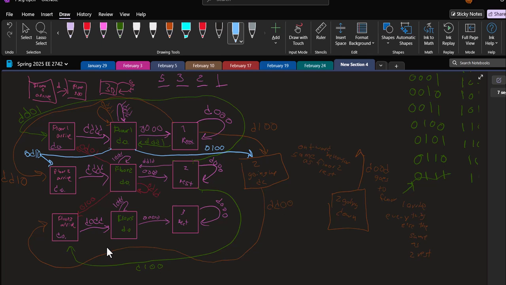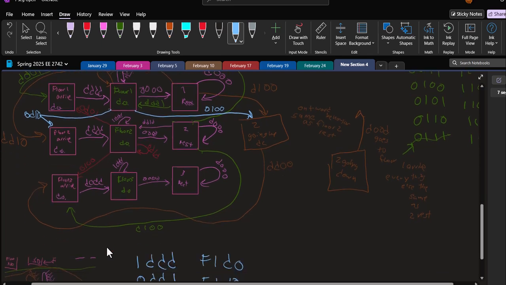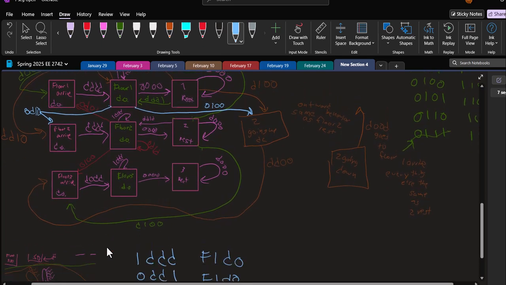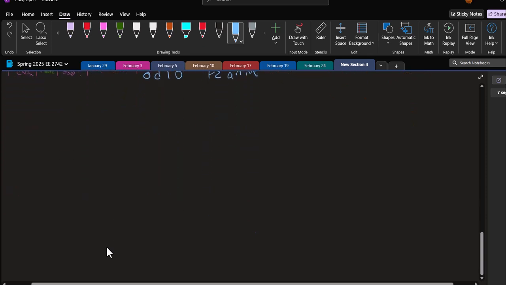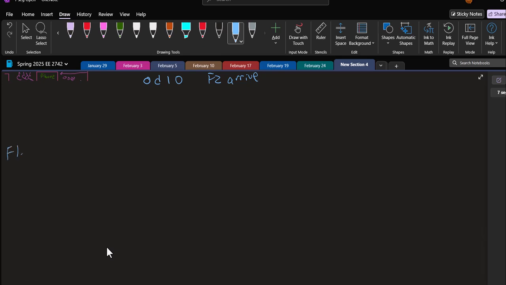Yeah, because what you would have is floor 1 arrive, and then next state, and you would have 16 columns here, but you would only have one output. So the output wouldn't be that bad. So it wouldn't be undoable. In this way you could make it easy to troubleshoot if you had it all laid out like that.